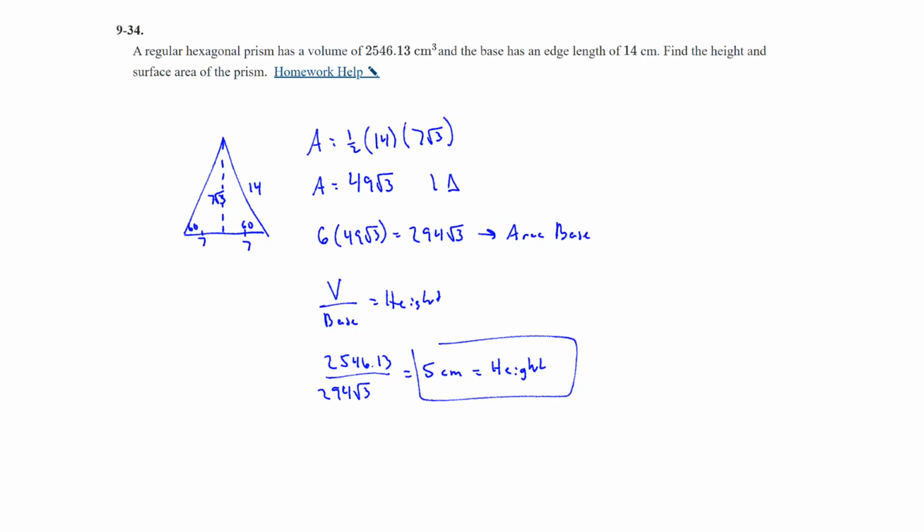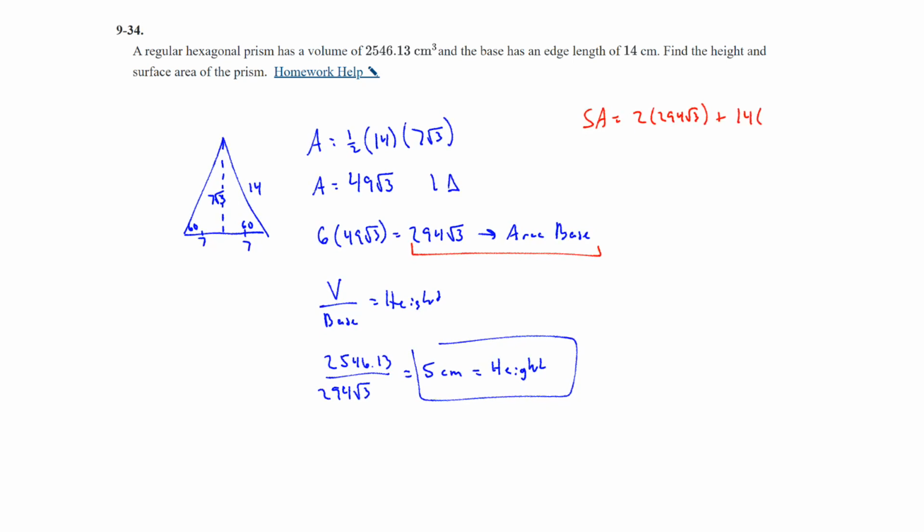So we have the area of the base, which is right here. There are 2 of those, and then there are 6 sides of the hexagonal prism, so you have 14 by the height, which is 5. So let's put all this together for the surface area. Surface area is equal to 2 bases, so 2 times 294 times the square root of 3, plus we have 6 sides with height of 5 and an edge length of 14.